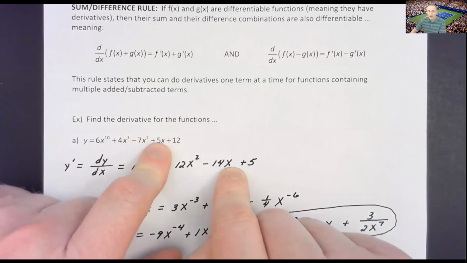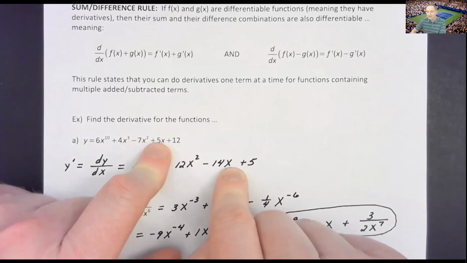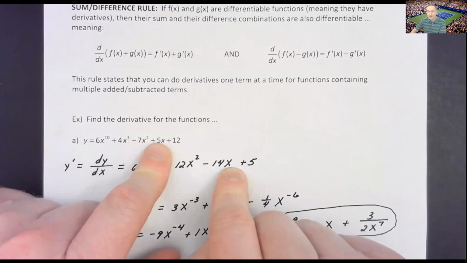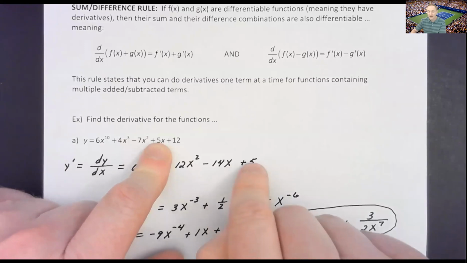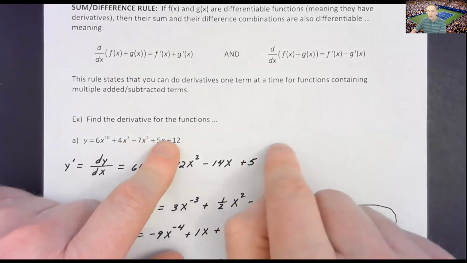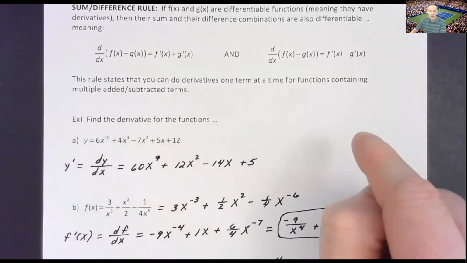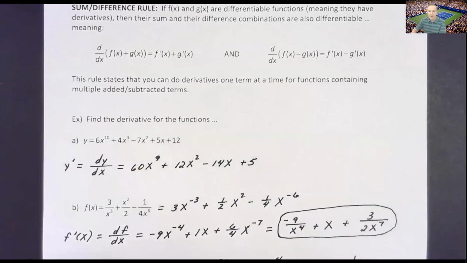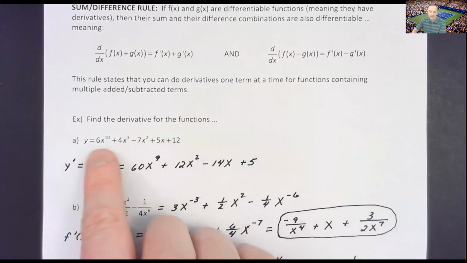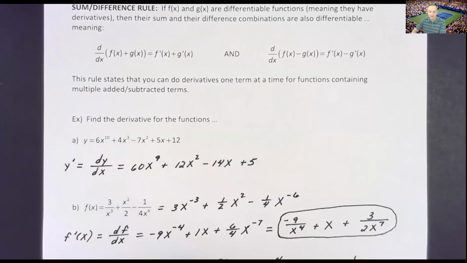And then derivative of 5x, you need to think of that as 5x to the 1st. So you say, well, 1 times 5 is 5. Drop the power on the variable, it becomes x to the 0. And then we know the derivative of any constant is 0. So now, no problem there. And notice I didn't have to rewrite or anything. Every term just easy to take the derivative of.